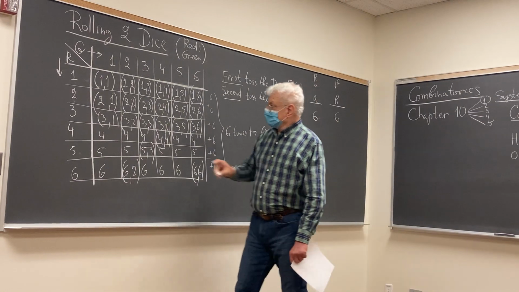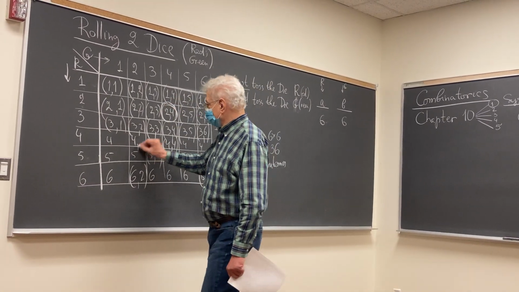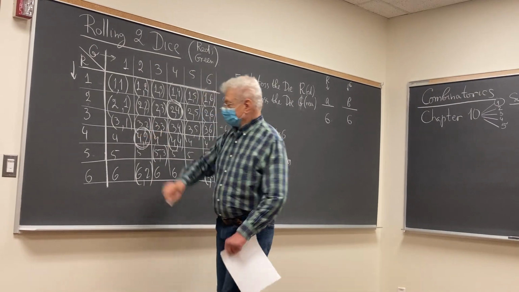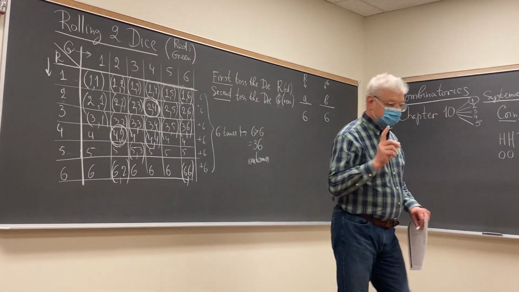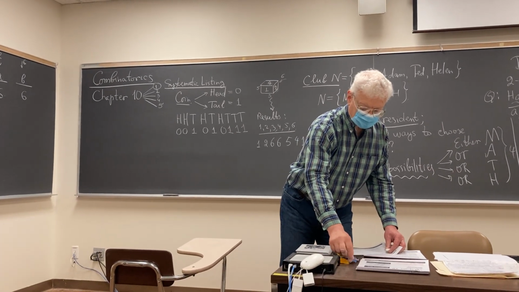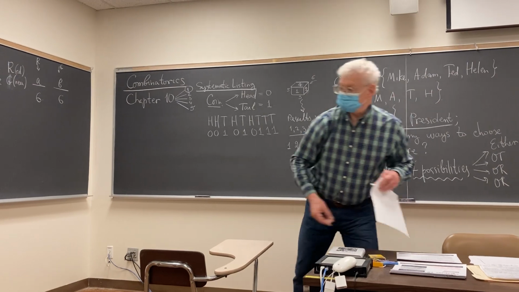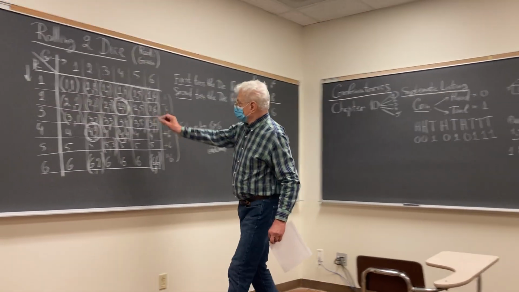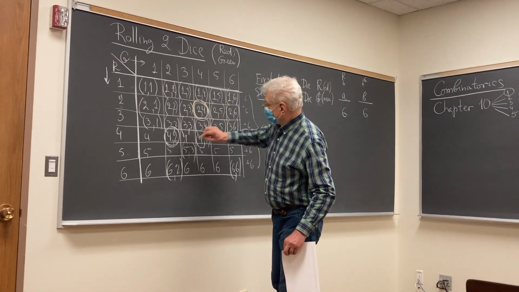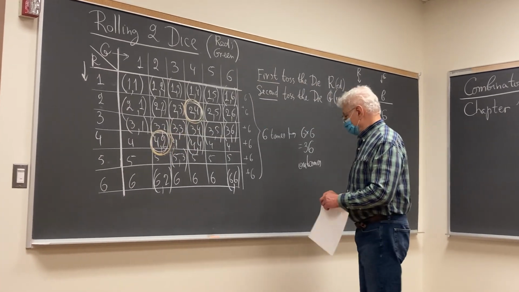Remember that, say for example, 2, 4 and 4, 2 here, they are distinct. Let me just color them. 2, 4 and 4, 2 are not the same.